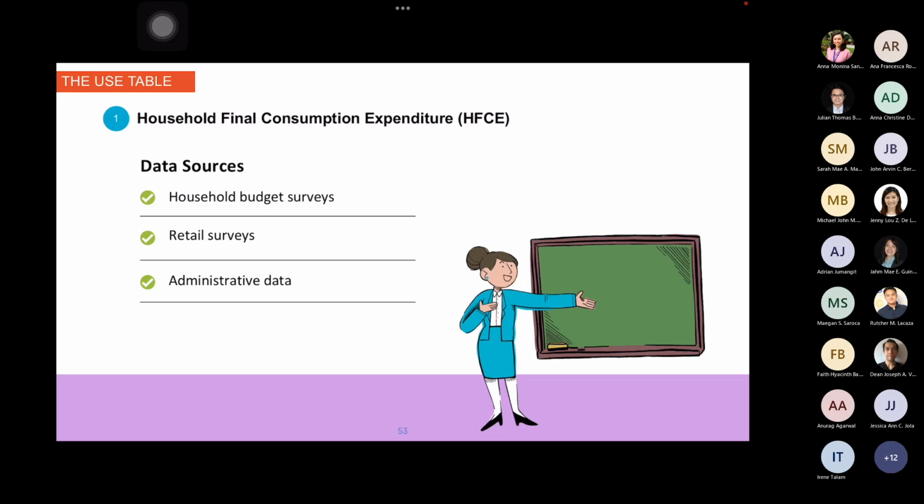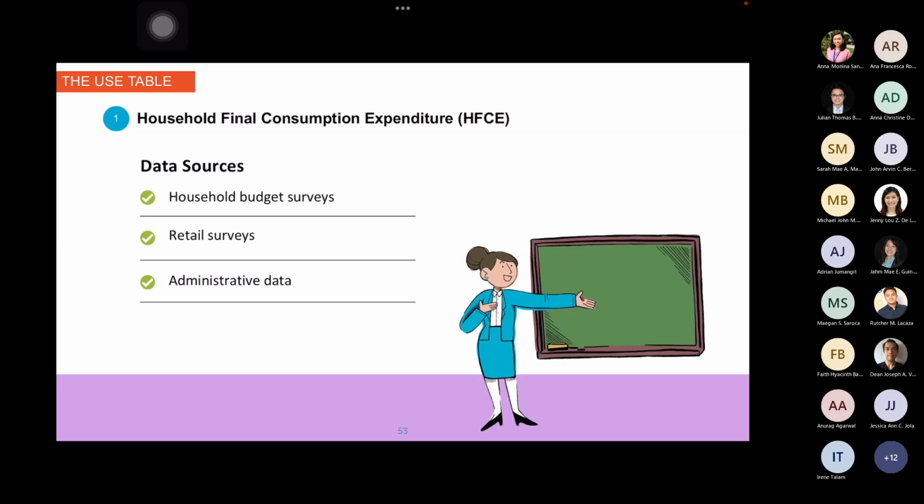But for this one, the household income expenditure surveys, this is generally used by national accountants to produce annual estimates of household expenditures at the detailed level, since it is usually the most comprehensive type of survey, and it allows them to break down estimates by, let's say, socioeconomic and demographic groups.